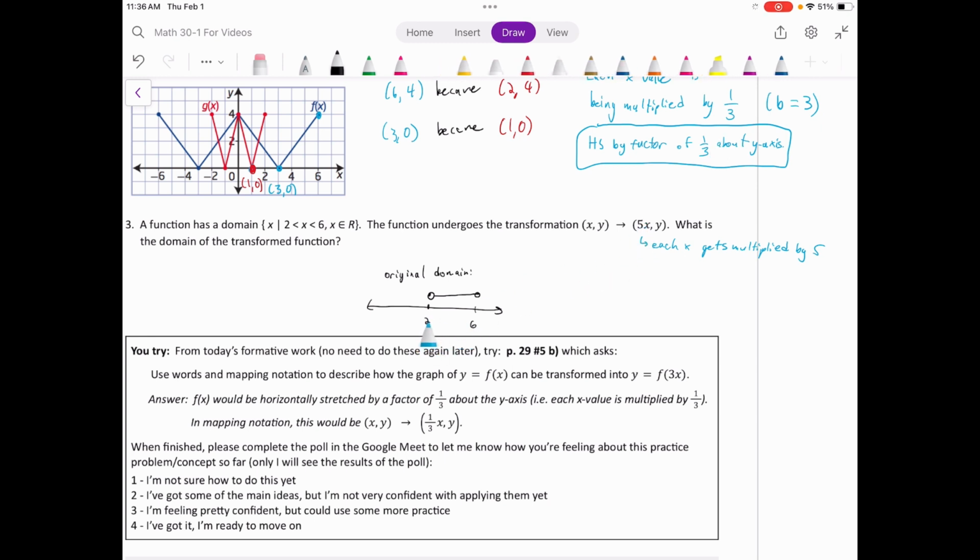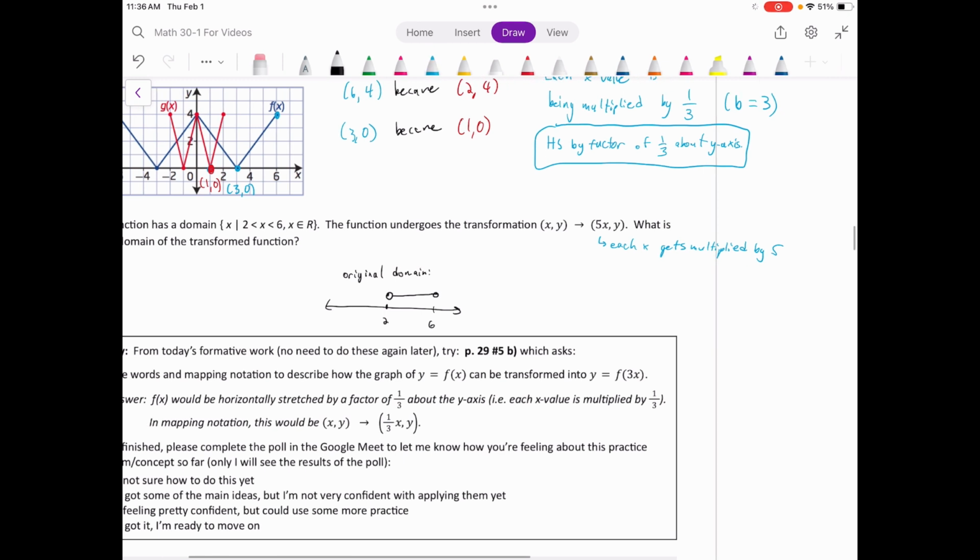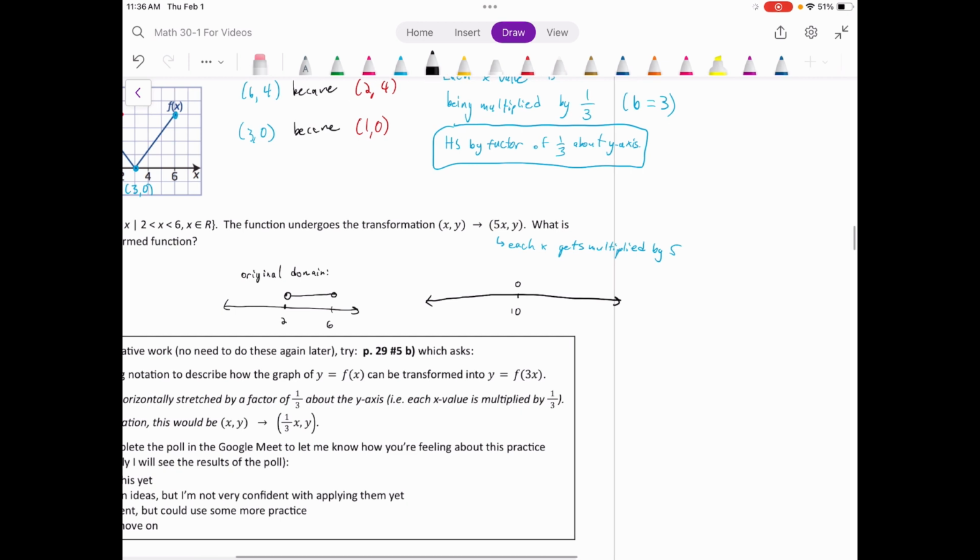Well, 2 is going to get multiplied by 5 to become 10. So our old minimum x value was 2. That's now at 10, right? And our old maximum x value for the domain was 6. Well, that's going to get multiplied by 5 as well, and 6 times 5 is 30, right?